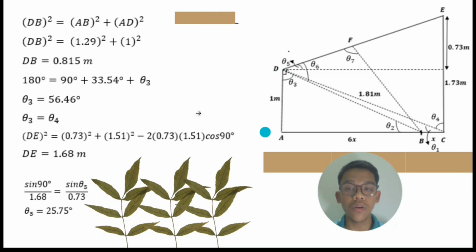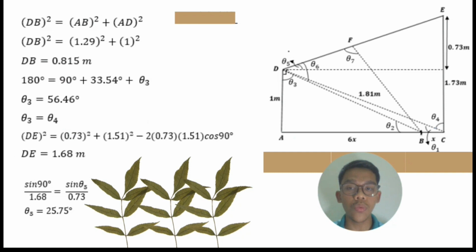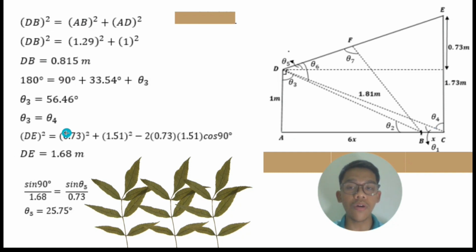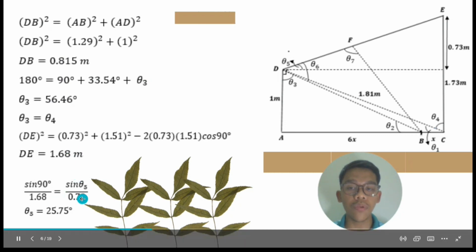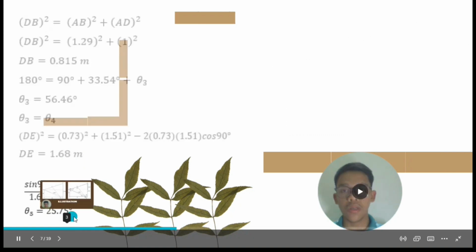Now we find the value of DE by using the cosine rule, and we get DE equal to 1.68 meters. By having the value of DE, we can find the value of theta 5. By using the sine rule, we get theta 5 as 25.75 degrees.